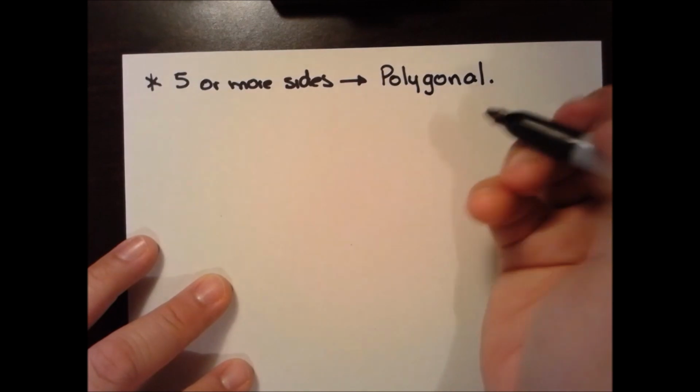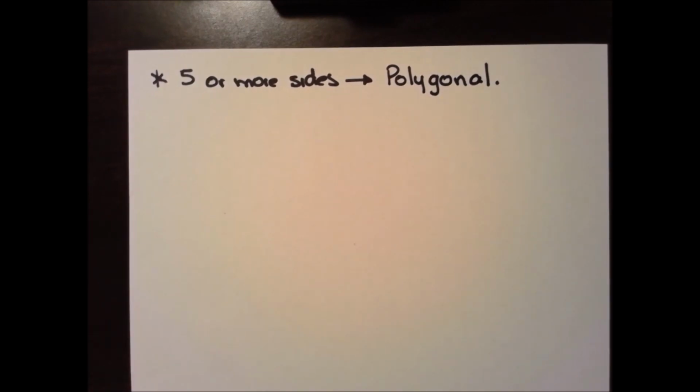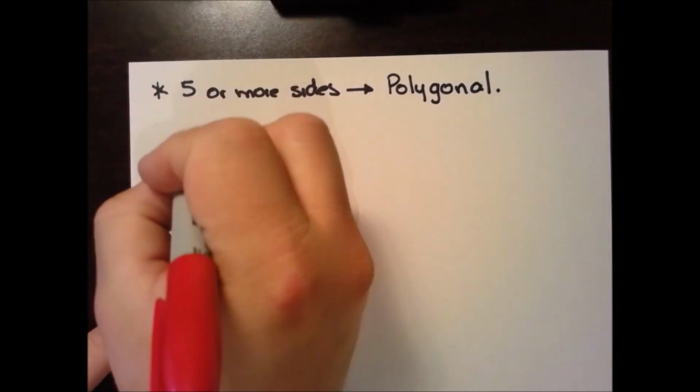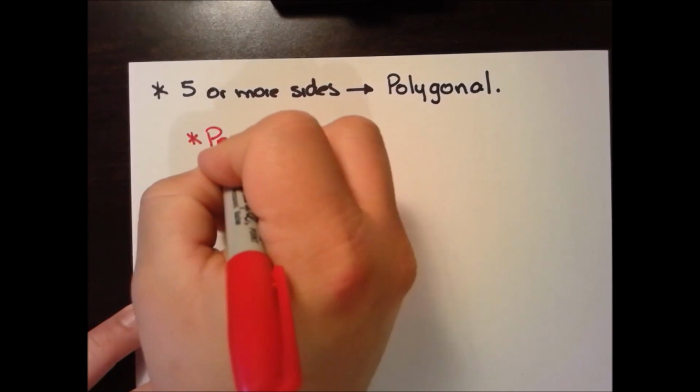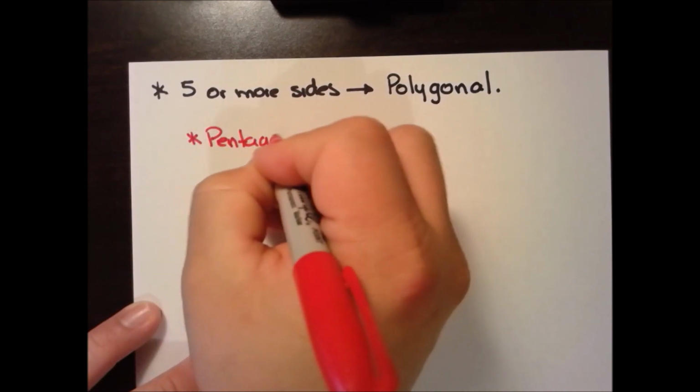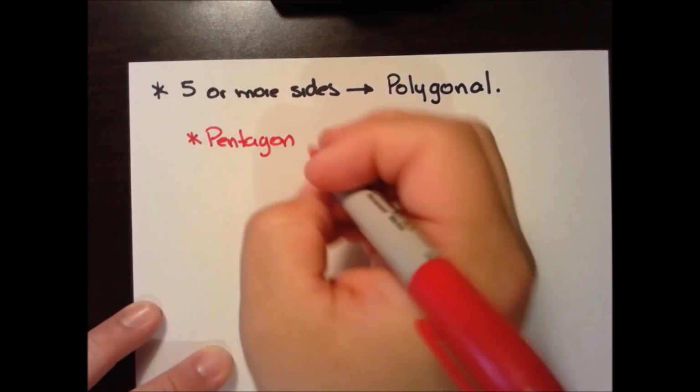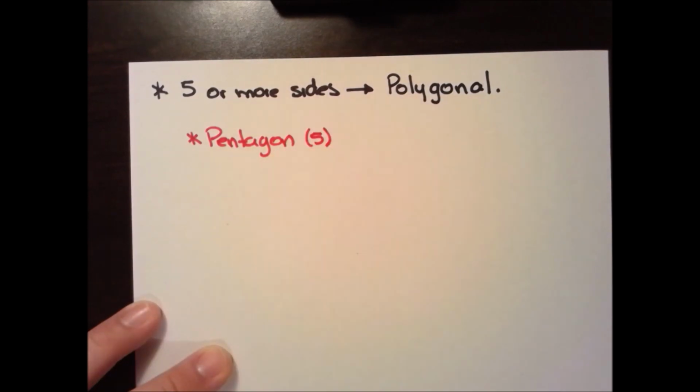In that case, regular polygons, because there also exist non-regular polygons. Okay, the first one that I'm sure that you know about is going to be the pentagon. This is with 5 sides.